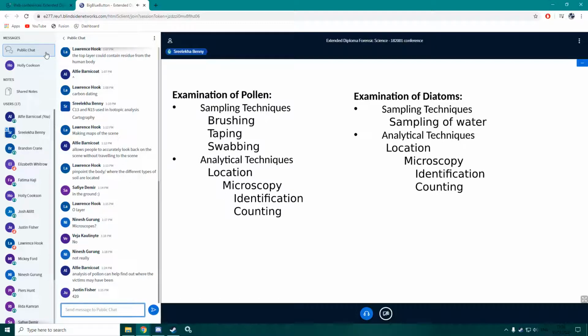And the laboratory technique, as I said, is microscopy or spectroscopy. You can find out using this pollen analysis. They use the same kind of instruments. So that is all the techniques.